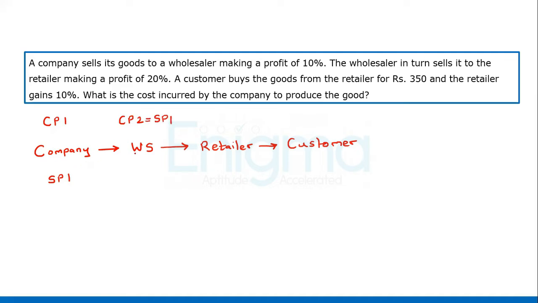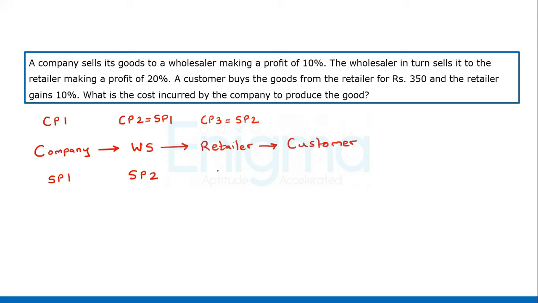Now the wholesaler sells it to the retailer for selling price 2. This selling price 2 becomes the cost price for the retailer. So cost price 3, the cost price for the retailer, is equal to selling price 2.